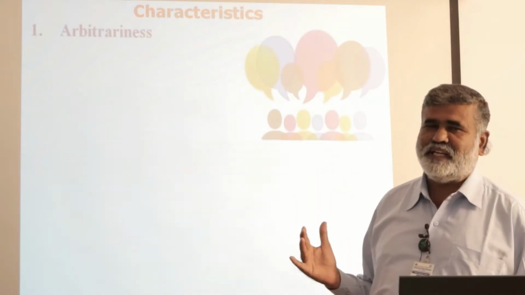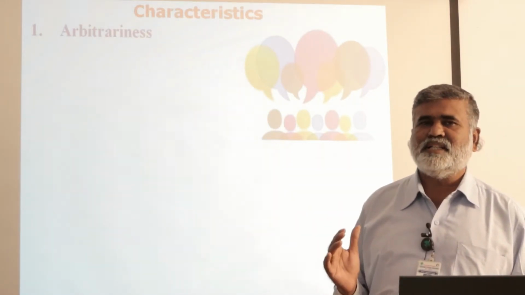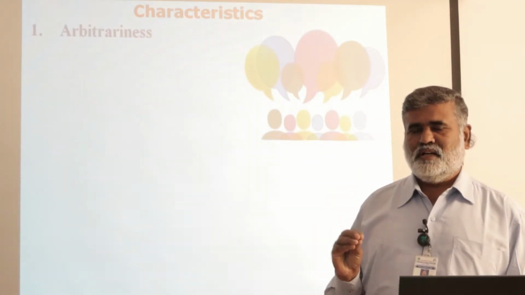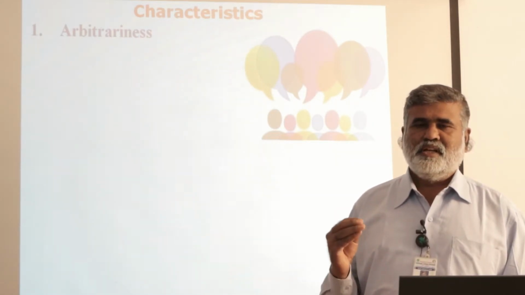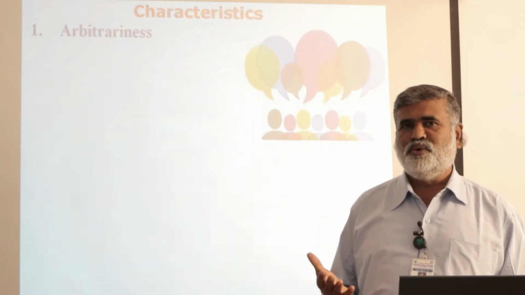The very first one is arbitrariness, and the word arbitrariness means the things, the objects which are arbitrary. Arbitrary is an adjective and arbitrariness is a noun.